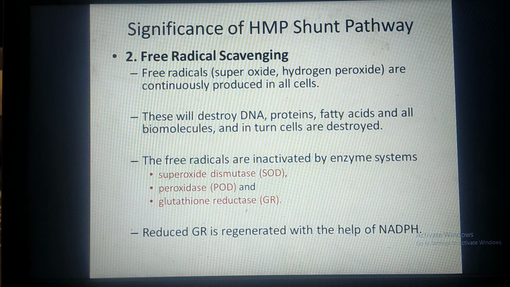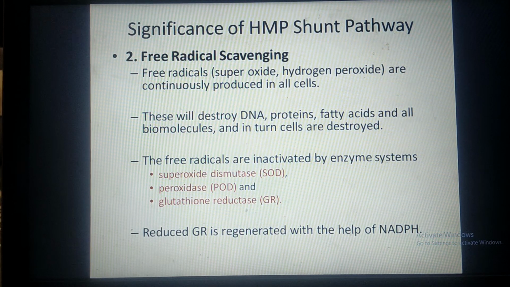In our body, to remove the free radicals, there is an enzyme system, constituted by three enzymes: superoxide dismutase, peroxidase and glutathione reductase. We will see the actions of these enzymes in the next slide.